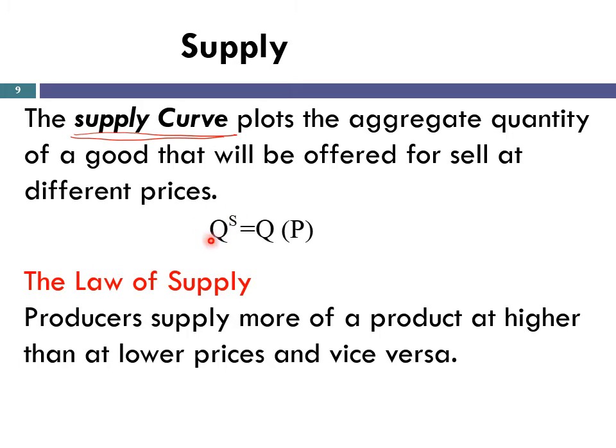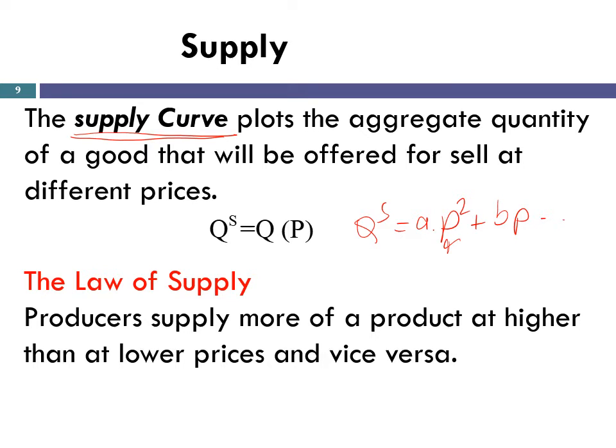So we can represent this relationship. Again, the supplied quantity is a function of price. In this representation, for example, this QS can be, for example, A times P squared plus B times P, something like this. So it's a function of price, but what kind of a function?